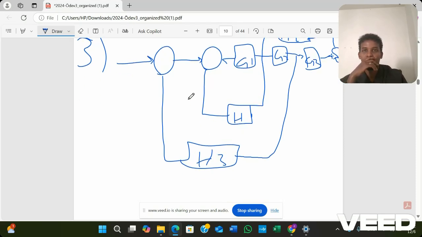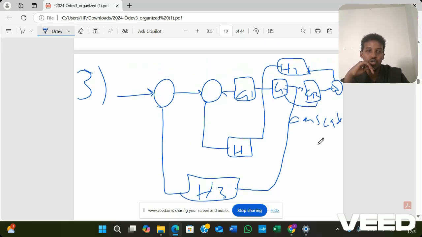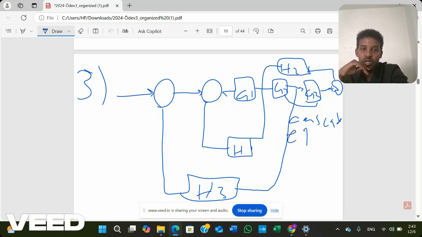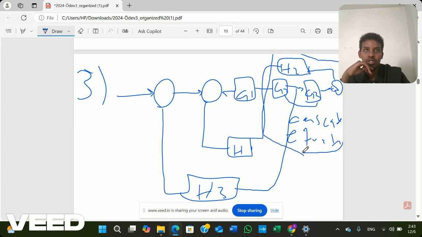First of all, G2 and G3 will be in cascade. These two will be in cascade. And here this will be a parallel connection feedback.